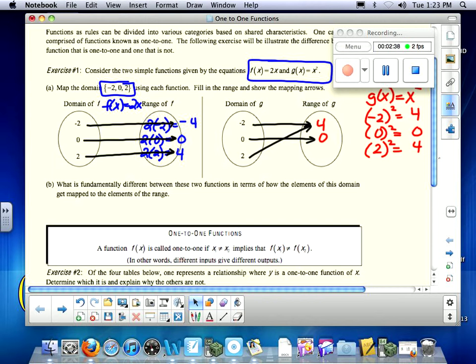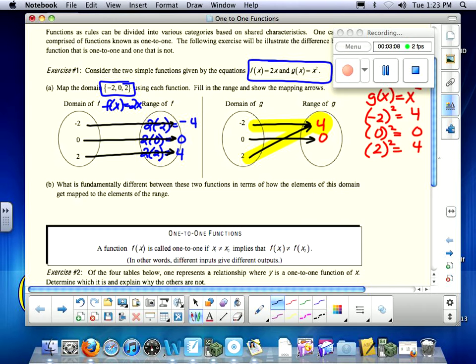One to one. Yeah, 1 to 1. All right, great. Domain of g does not have a one-to-one mapping to the range because of that double dipper of 4. Because we have 2 arrows that map to 4. So it's not a one-to-one.